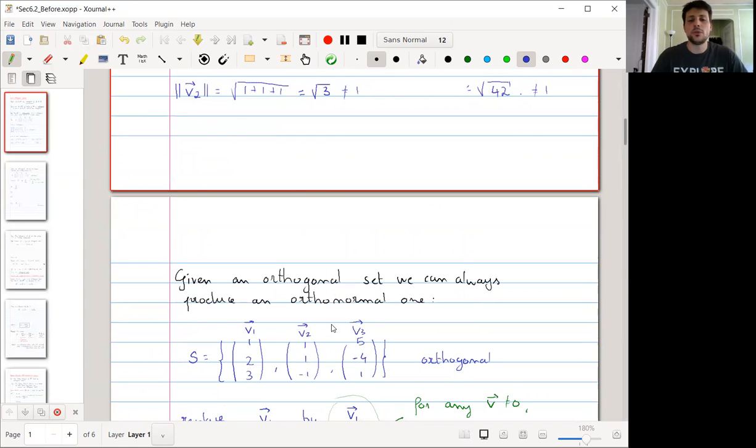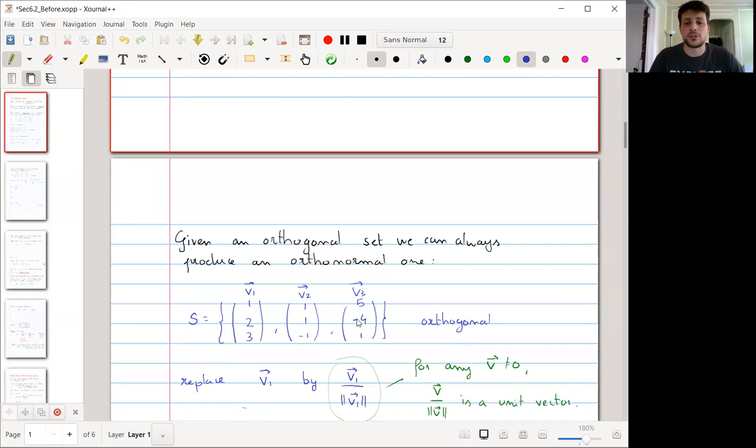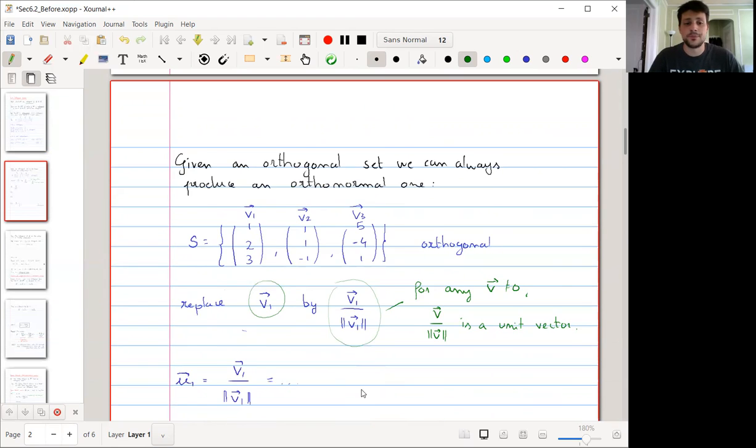However, something that we can always do is that given any orthogonal set, we can construct an orthonormal one simply by normalizing the vectors. Remember that if I take any vector v, in this case v1, I can replace it by itself rescaled by its length, and in doing so, I obtain a unit vector because any vector divided by its length has length 1.